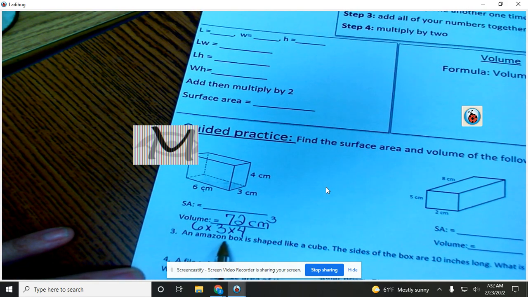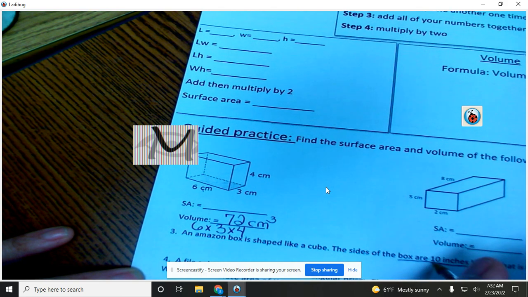Now, on this one, it says the Amazon box is shaped like a cube. So remember, the cubes are pretty much squares, okay? So we know with squares, all the sides are the same. So with this one, it tells us the box is 10 inches long.